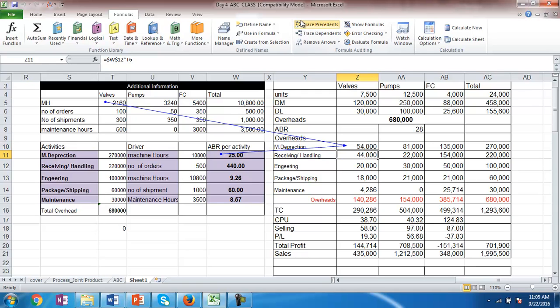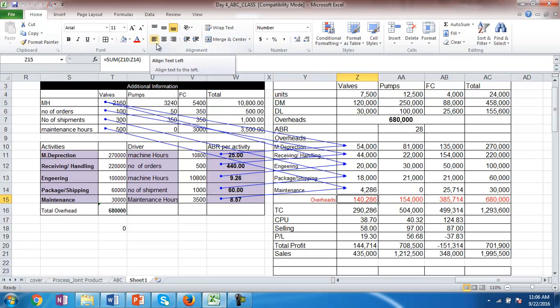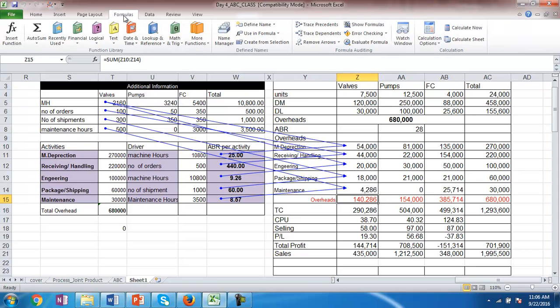So depending on the activity rate, and the activity consumed by each product, we find the total cost. So for valves, the total overheads absorbed on the basis of the activities comes to 140,000.